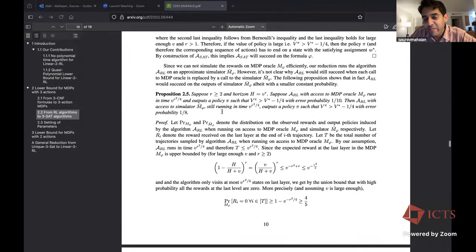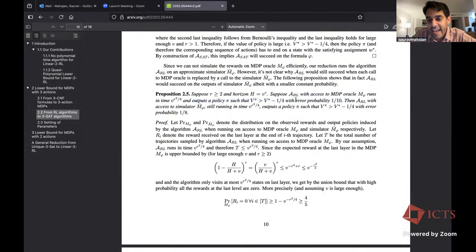So this is basically what I'm trying to do here. I'm saying if I have this algorithm which uses this MDP that I was talking about, the one with the right reward function, and it runs in time v to the r square over 4, so it takes exponential time, and then outputs this policy pi, which succeeds with some probability.